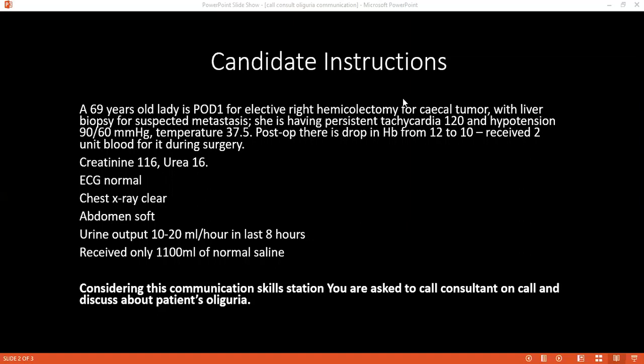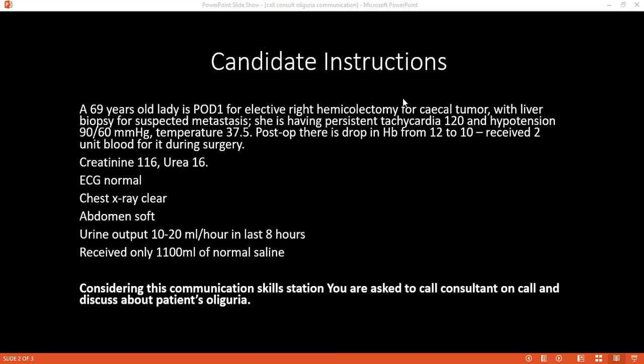I will repeat them, and then I will start 1 hourly monitoring, or maybe less than 1 hour monitoring, and I will update you regarding the response to the fluid bolus. It's the first post-op day, but still I will send some blood cultures as well.